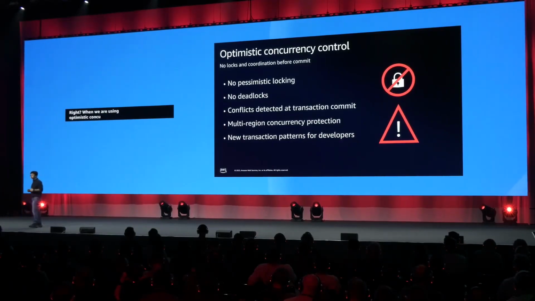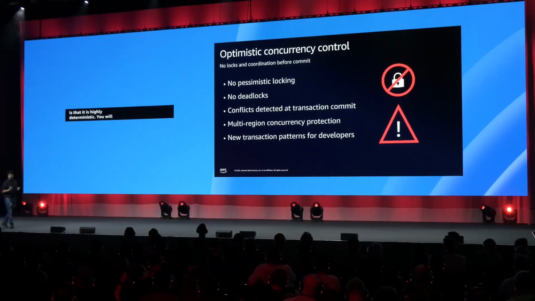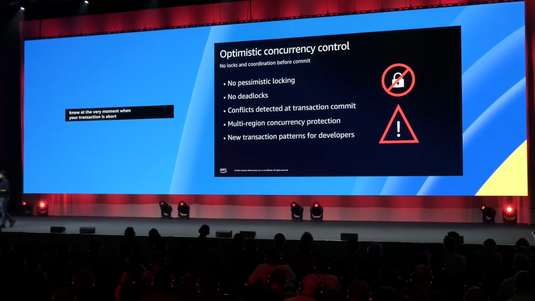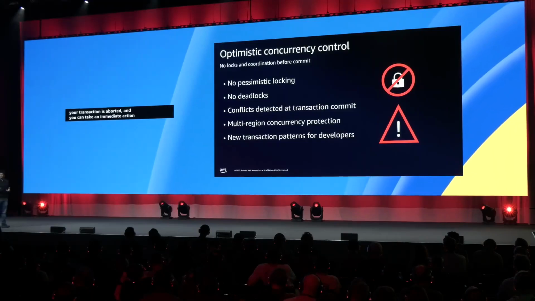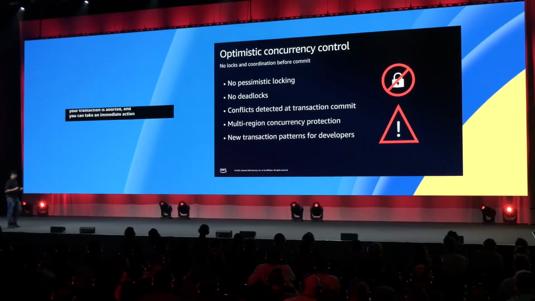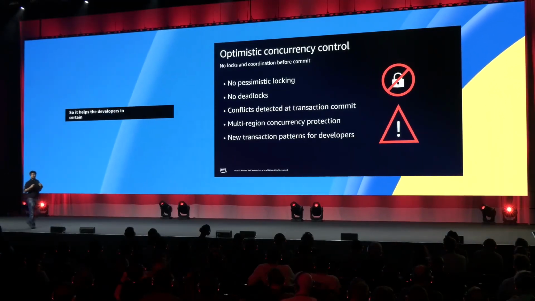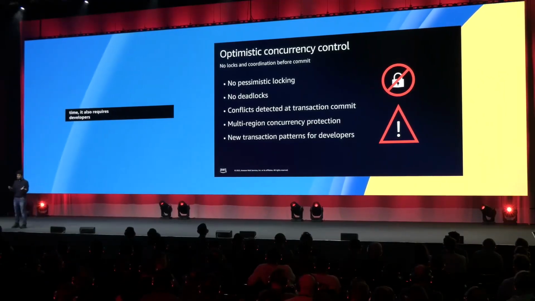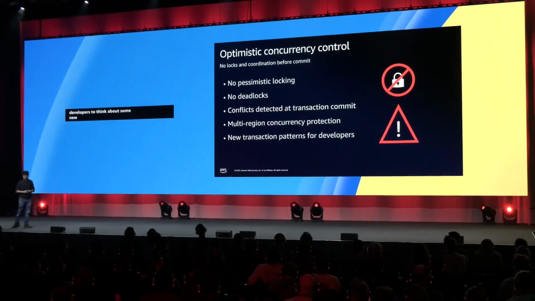Another good thing about optimistic concurrency control is that it is highly deterministic. You will come to know at the very moment when your transaction is aborted, and you can take immediate action. So it helps the developers in certain ways, but at the same time, it also requires developers to think about some new patterns, which we're going to discuss in upcoming slides as well.